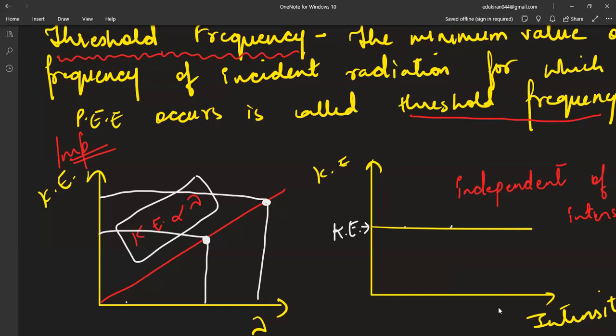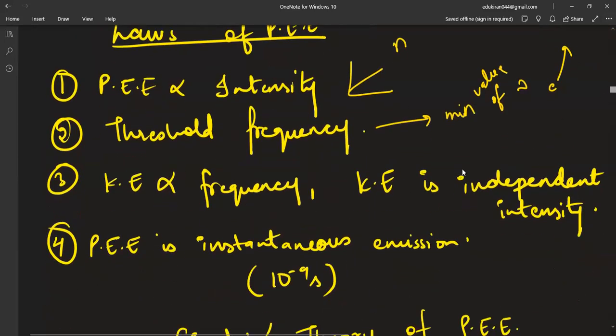However much you keep on increasing the value of intensity, the value of kinetic energy will be fixed. This is the last law we have for photoelectric effect. We are seeing it in detail, that light is striking and a certain criteria is being fulfilled, that is the threshold frequency, threshold wavelength, all these criteria are being fulfilled.